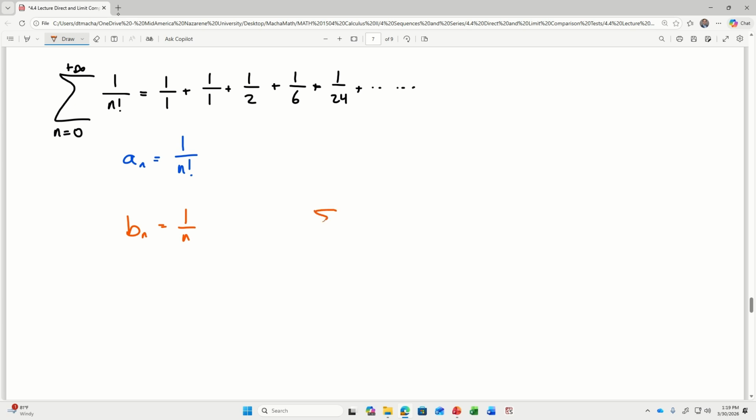It's diverging. And is 1 over n factorial less than or greater than 1 over n?